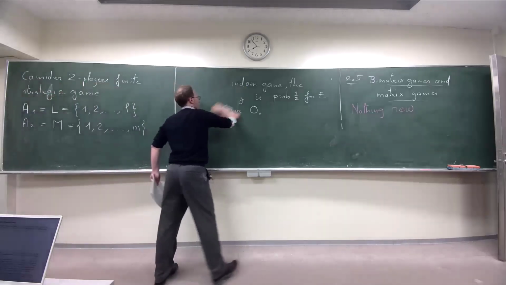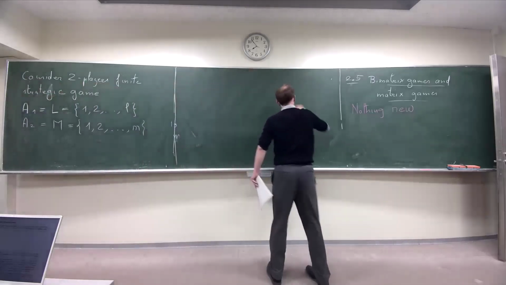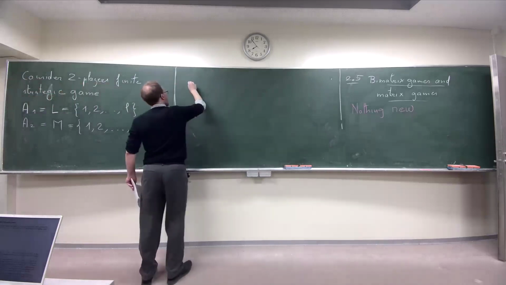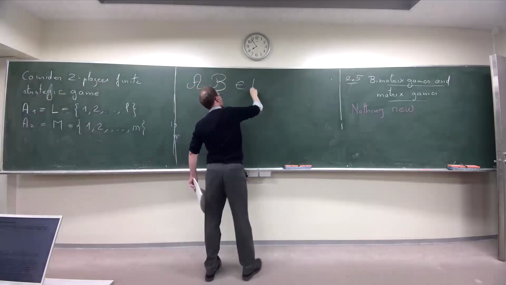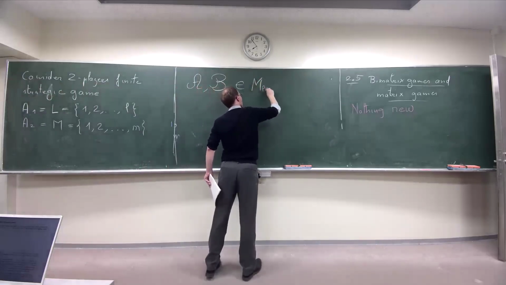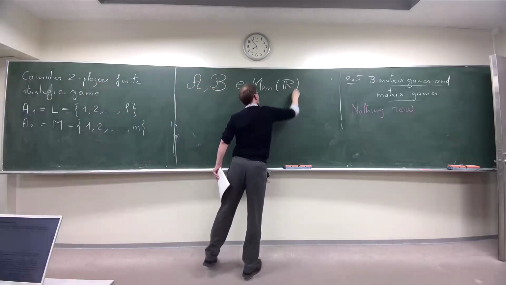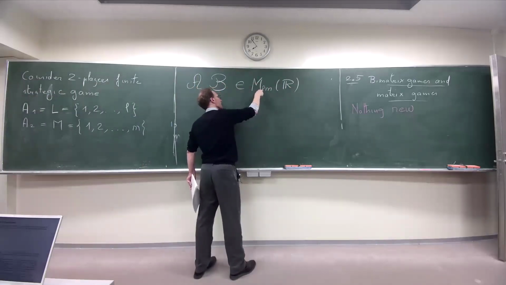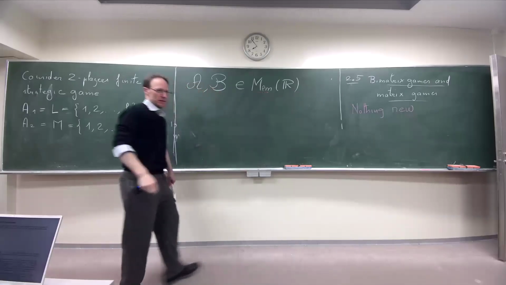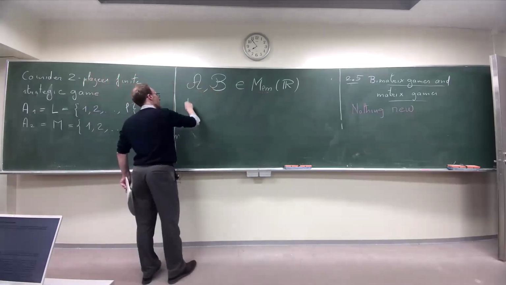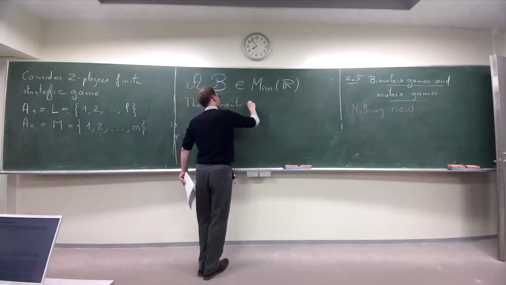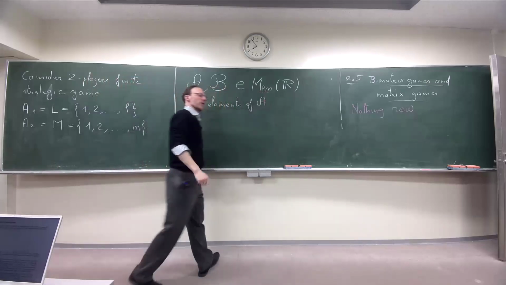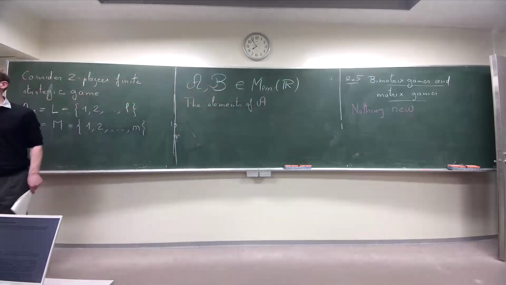I'm introducing some notation. I need some matrices. I will denote by calligraphic A and calligraphic B a matrix with L rows and M columns. I know first year you may not have seen matrices so many times.